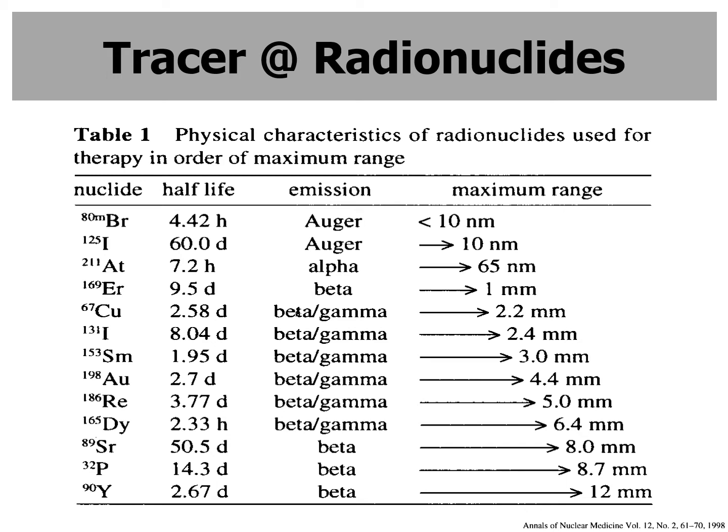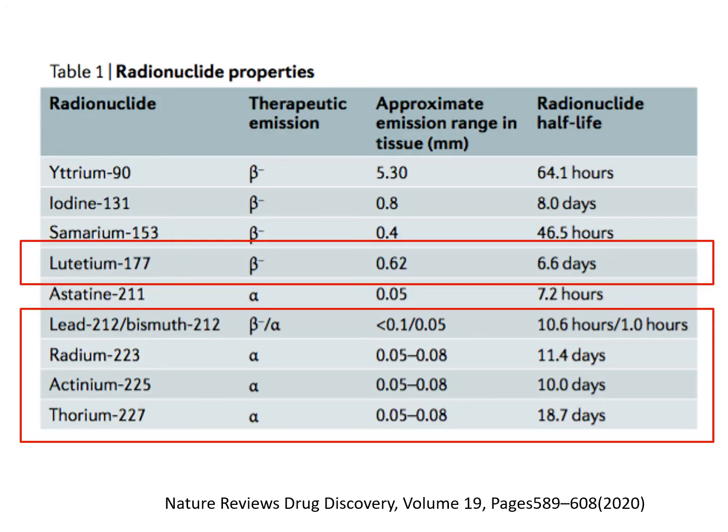All right, so with these kinds of properties, we can see what sort of disease they can be used for. In addition to those mentioned before, there are also other radionuclides that have been explored recently, such as lutetium-177 with beta therapeutic emission, and then we have astatine-211, this alpha emitter whose use is currently expanding and being researched in the nuclear medicine centers.